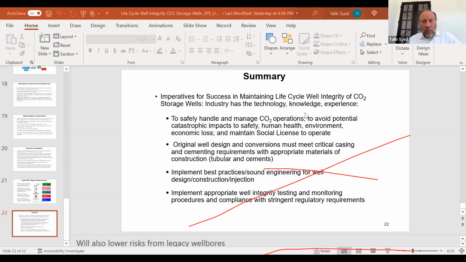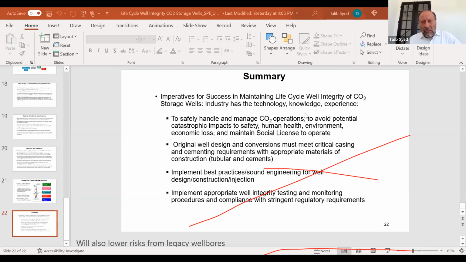But the question is, we don't have too much operational history on exposure of cements to CO2 in real downhole well environments. Some of the wells that we do have are with EOR in West Texas in the Permian Basin, because 70% of the world's CO2 floods have taken place in West Texas in the Permian Basin, going back to the 1950s.